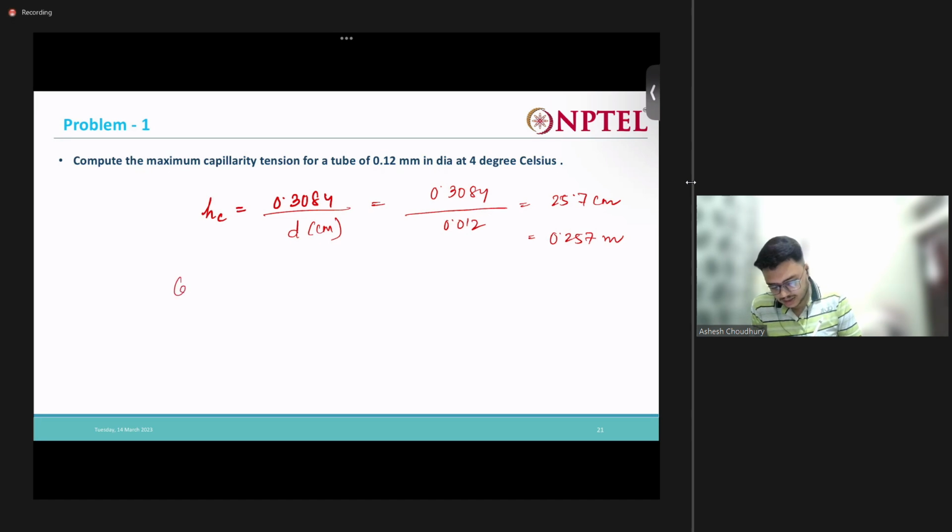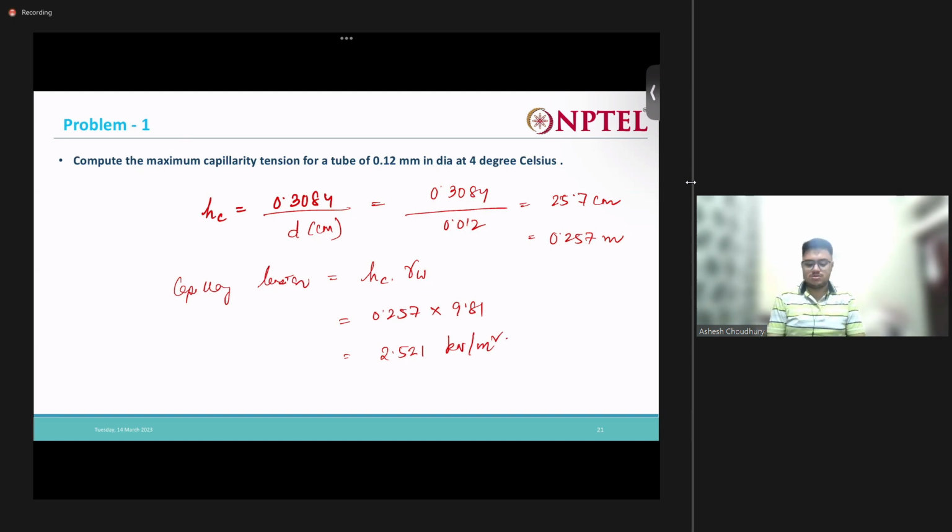Now, what is the capillary tension? Capillary tension is hc into gamma w, which is 0.257 into 9.81, that is 2.521 kN per meter square.